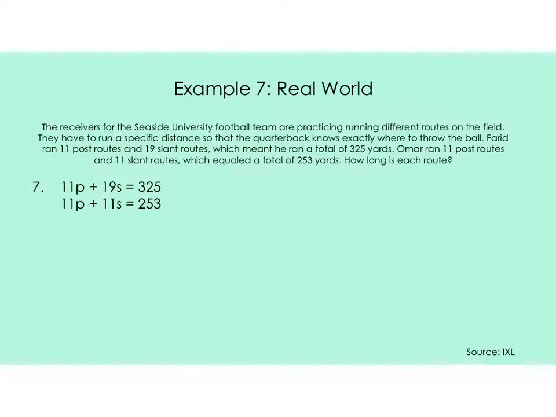The next step in solving this equation is to isolate or eliminate one of the variables. And to do so, you need to change the sign of one of the equations, and you have to change the entire equation. So if you were to change the sign of the bottom equation, you would change it to negative 11p minus 11s equals negative 253. And now you would just solve it like a regular equation.